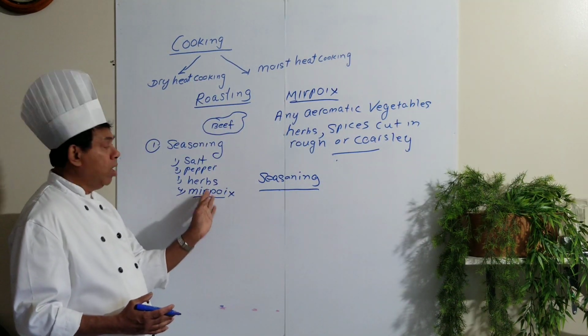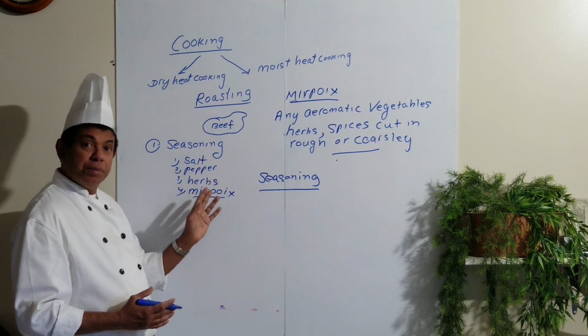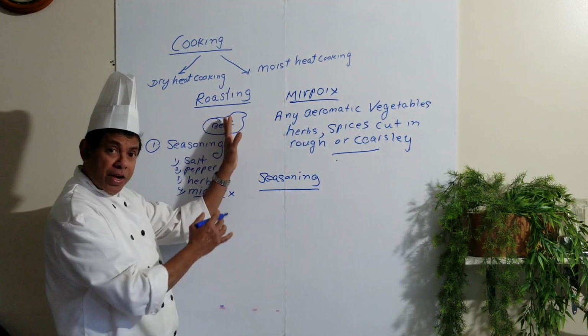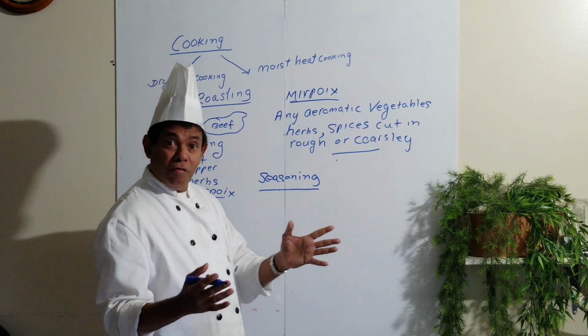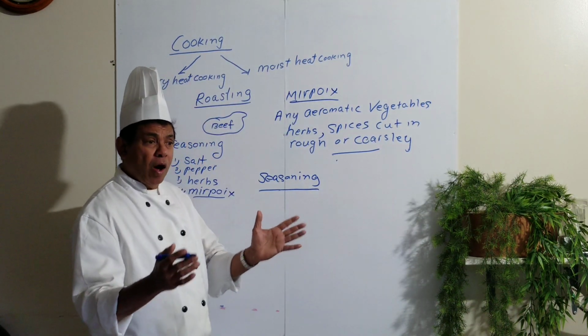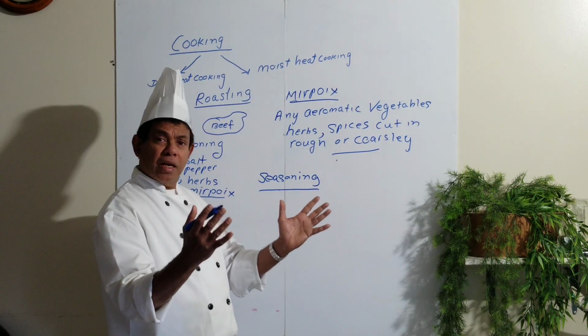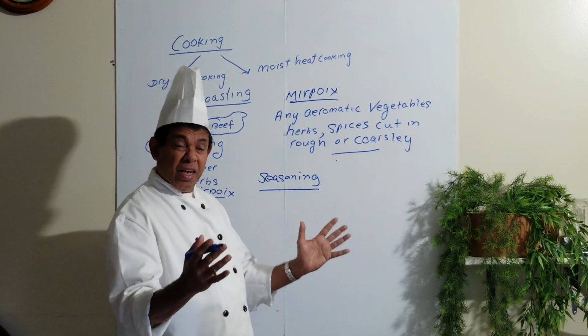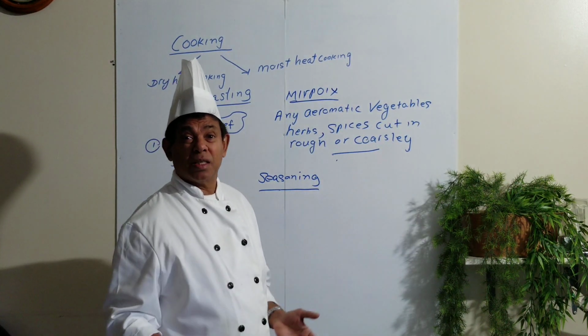You can add mirepoix, salt, pepper, herbs. Now it's done, ready. Now we are going to do roasting, and your roasting item is a little bit bigger, approximately 30 pounds.